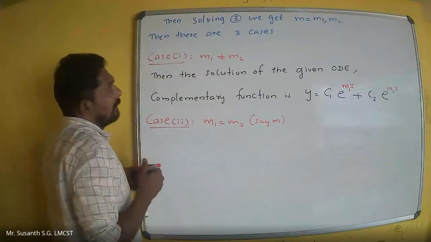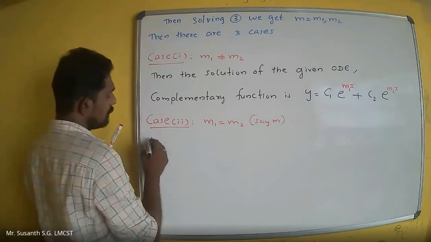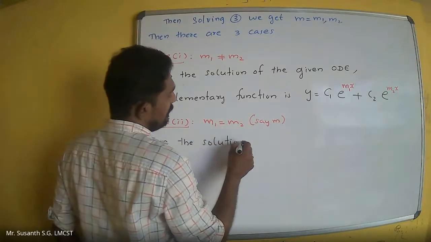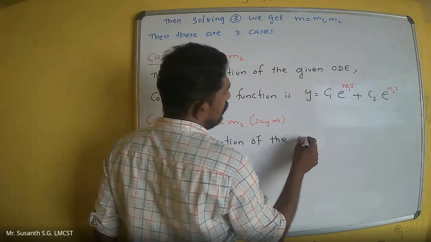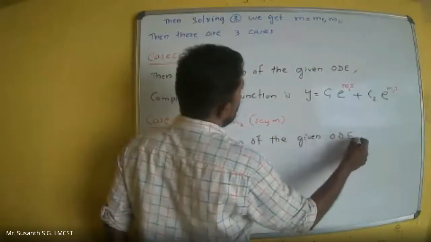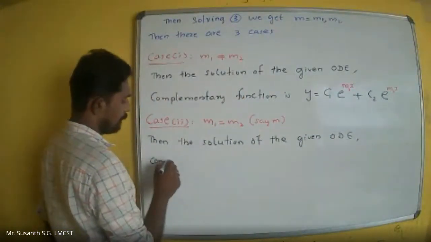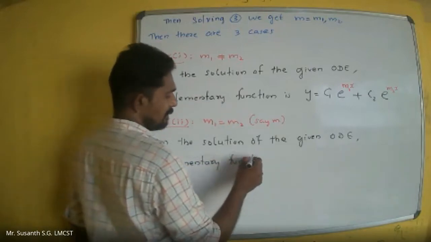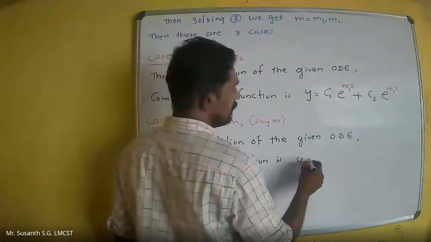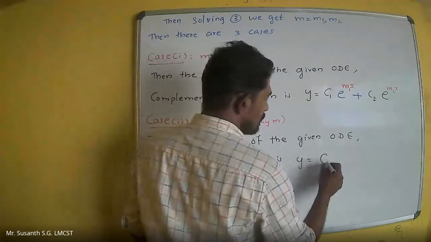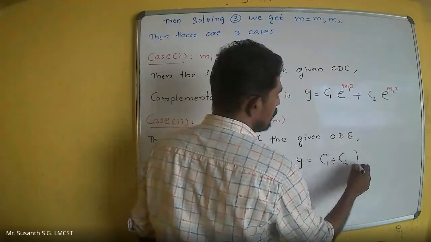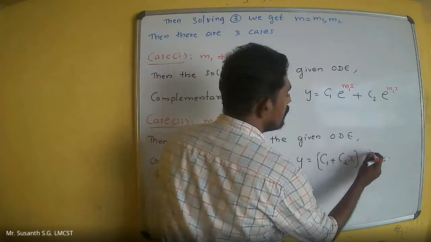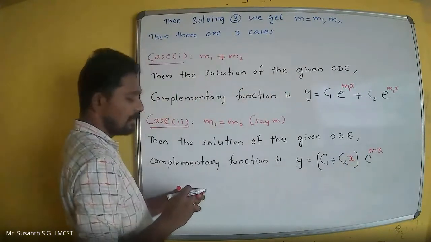If m1 and m2 are the same, then the solution of the given ordinary differential equation, the complementary function, is y is equal to c1 plus c2x into e raised to mx, where c1 and c2 are constants.